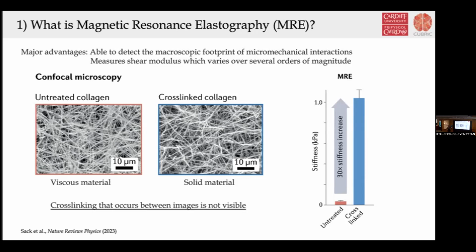Well, it makes sense, because microscopy is not sensitive to these subtle structural alterations which occur within fibers. Instead, MRE is able to measure this 30-fold increase in tissue stiffness between the two states.